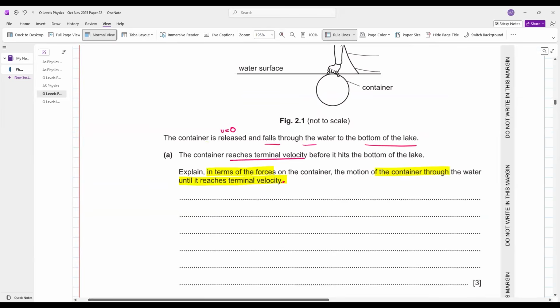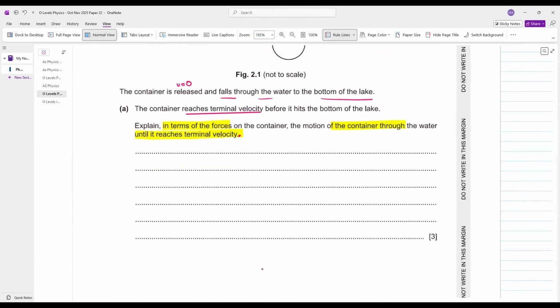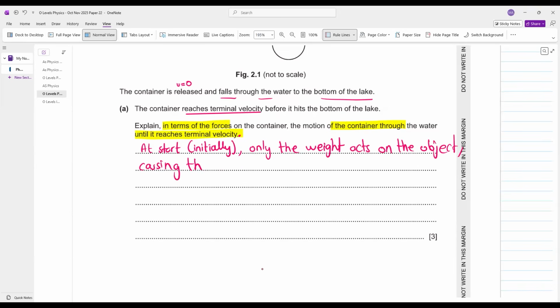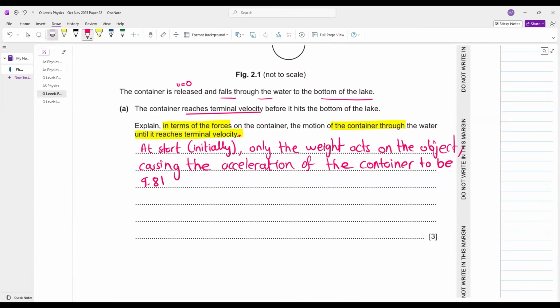Initially, you will say initially or at the start, only the weight acts on the object, causing the acceleration of the container to be 9.8 meters per second square.